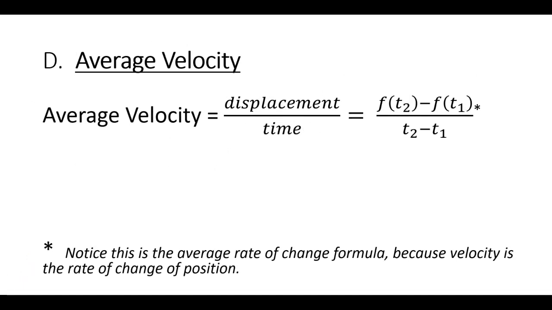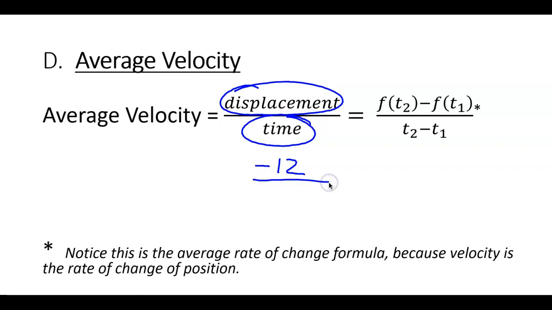Average velocity. Average velocity is your displacement over time. In other words, let's think of the last problem that we did. What was the displacement? It was negative 12. And the time was from t equals 2 to t equals 4. How far apart is that? 2.